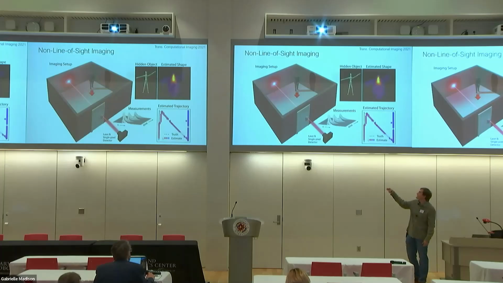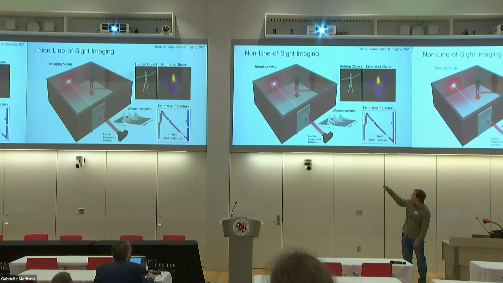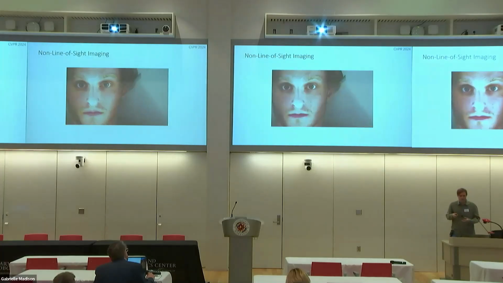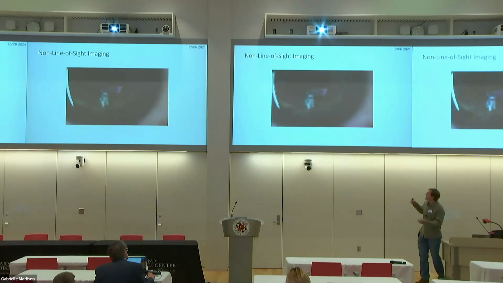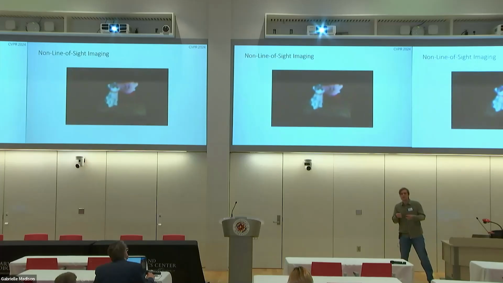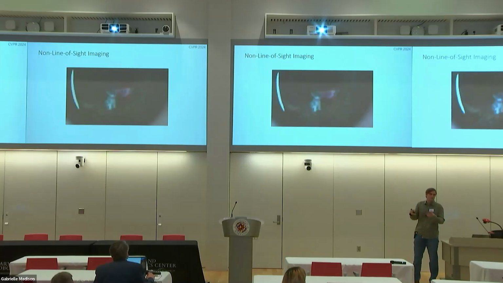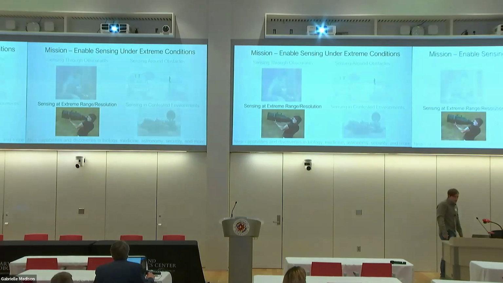The only thing we can perceive is the small amount of light that makes it off that wall to the target back into the sensor. We had a fun side project without many obvious applications where my students stood in front of a camera. We captured essentially a series of reflections as their head moves around, and you can reconstruct the coarse 3D geometry of what's in front of them.